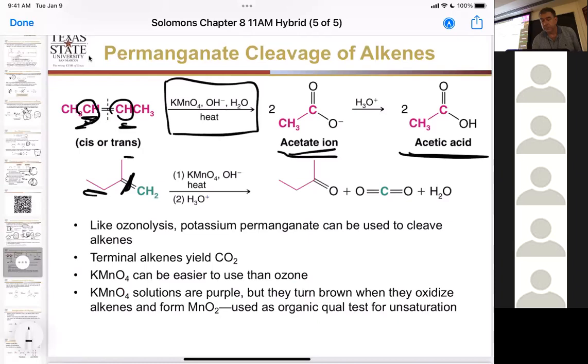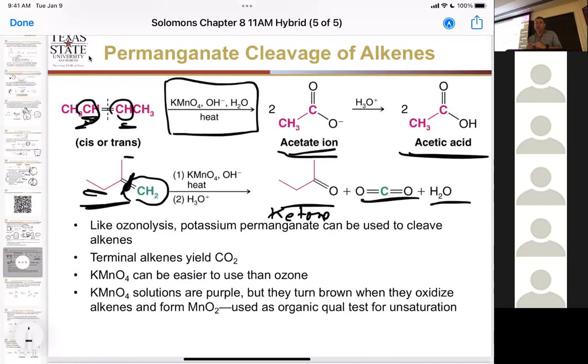We get a ketone. So if you have 2 carbons on that carbon of the alkene, you get a ketone, just like in ozonolysis. But in this case here, we have 2 hydrogens. So it would break off forming aldehyde, but then it immediately reacts to form a carboxylic acid called carbonic acid, which decomposes into CO2 and water.